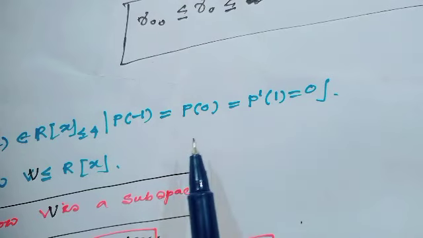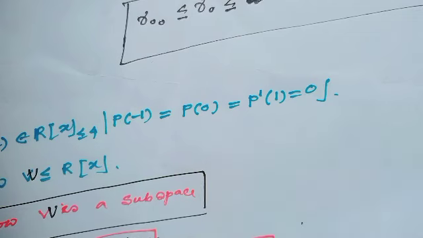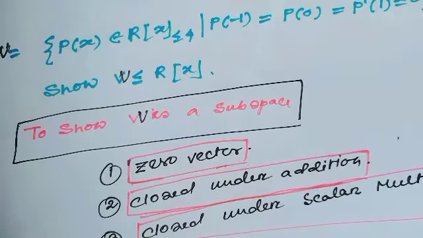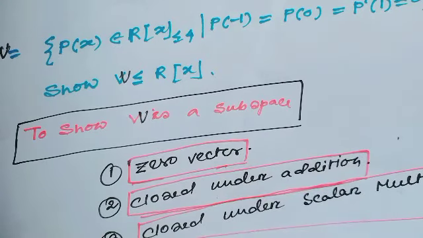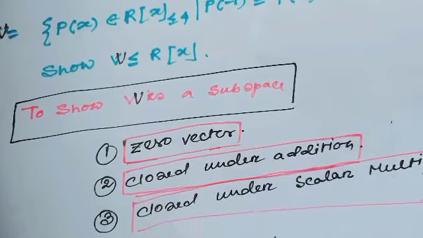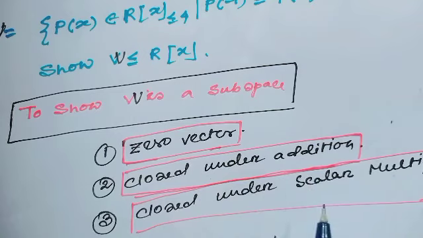That means at those points this polynomial has a root. To show W is a subspace, at first we have to show, as all of us know, it contains the 0 vector, and is closed under addition and closed under scalar multiplication.